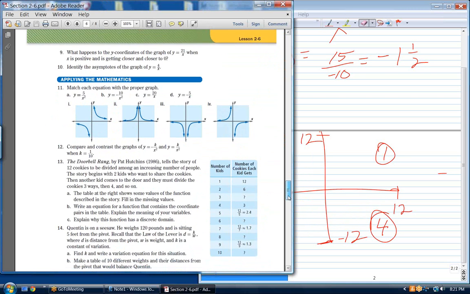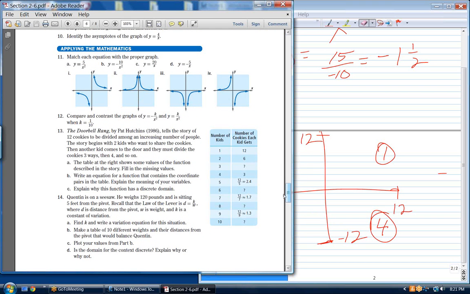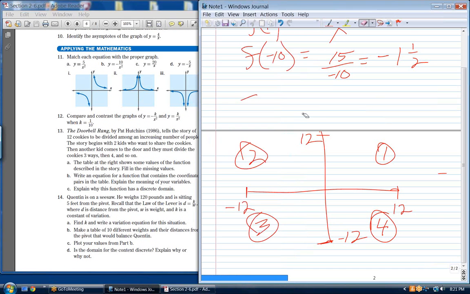The next one is 10. What are the vertical and horizontal asymptotes of y equals 4 over x? How do you figure the vertical asymptote without graphing? What is an asymptote again?